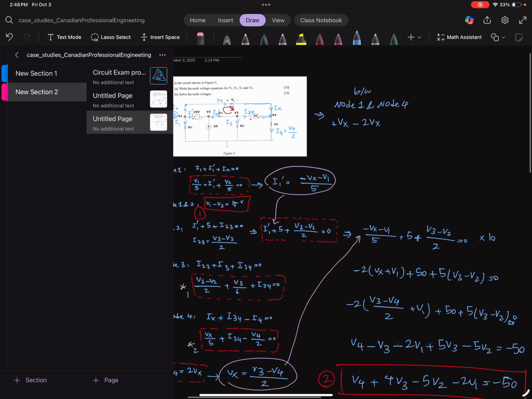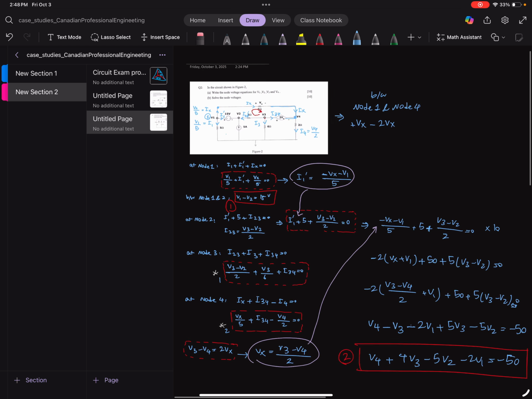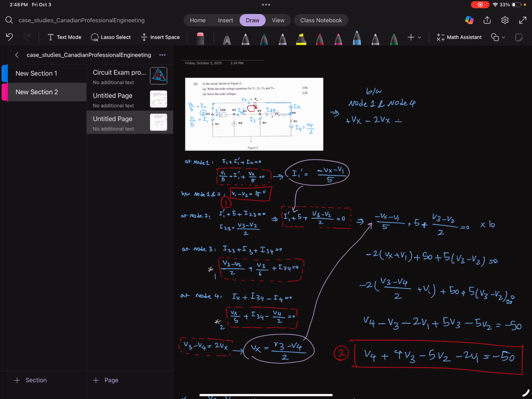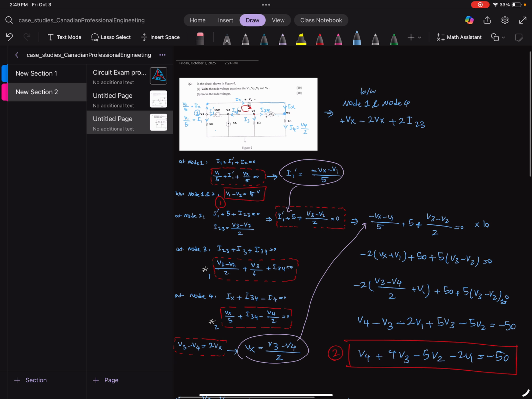And then the third one, as we are going through the current direction, it's going to be plus 2I23, okay? Which is going to be V3 minus V2. But okay, let's leave it as 2I23. And then minus 15 volt.